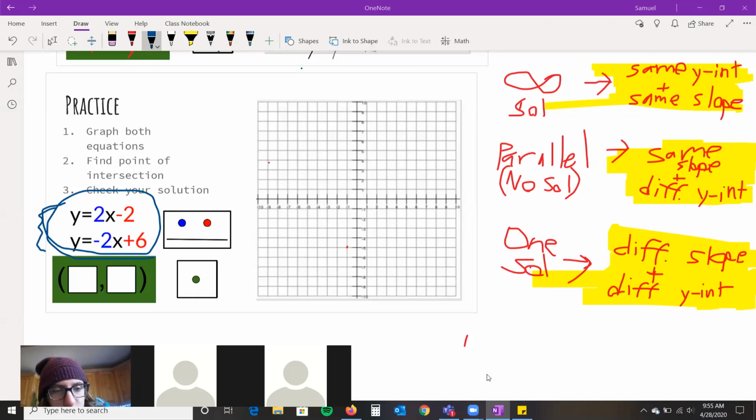Come on, guys, what do you think? How many solutions is that system of equations circled on the left going to have? One solution, no solution, or infinitely many solutions?